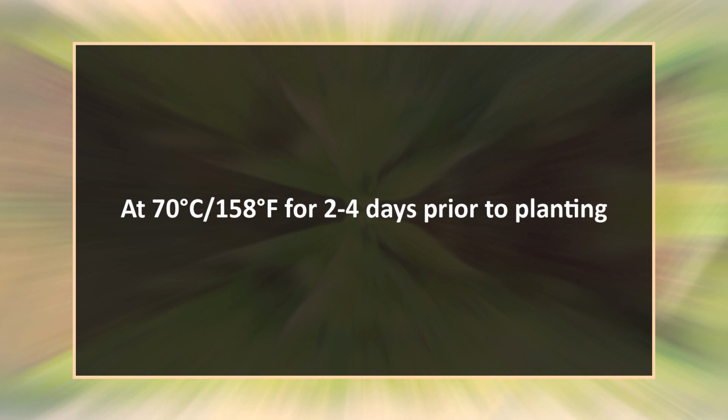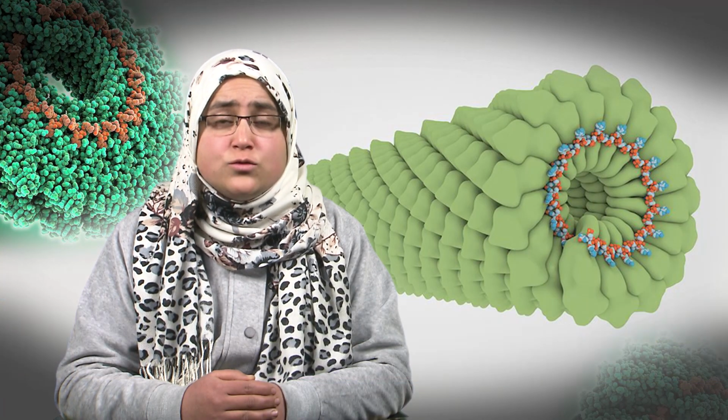Alternatively, tomato seed contaminated with tobacco mosaic virus can be incubated at 70 degrees Celsius for 2 to 4 days prior to planting. Both treatments will inactivate the virus that's on the seed coat, but should have little negative effect on seed germination.